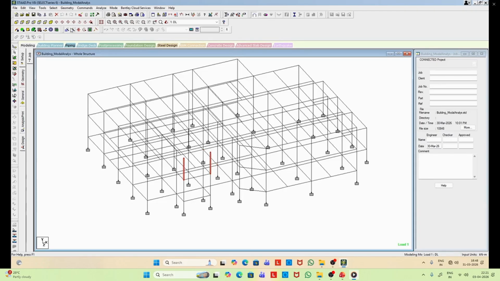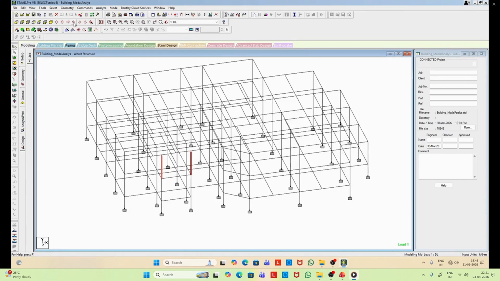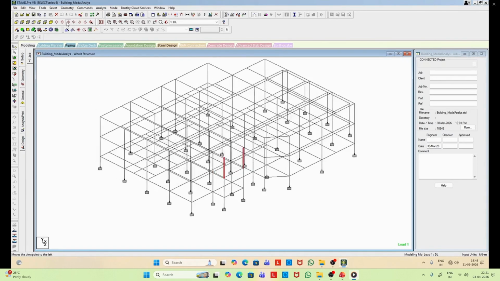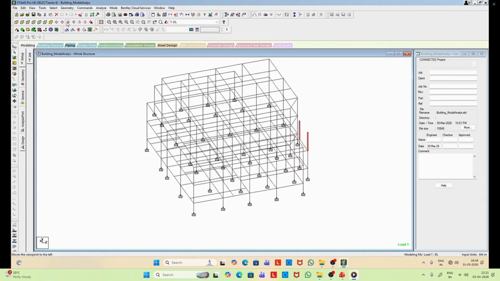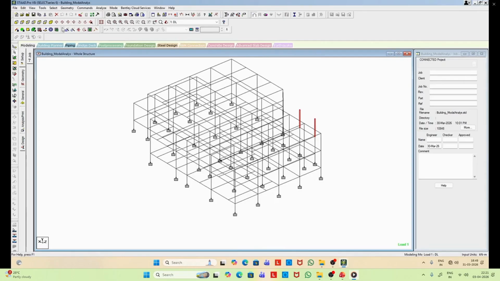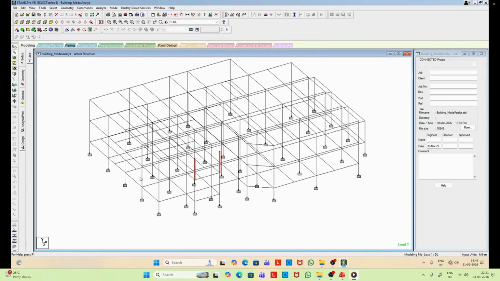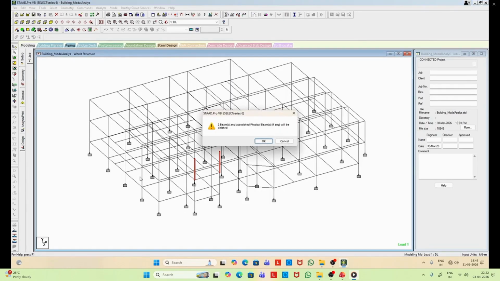These two columns were there by mistake, so let us remove them. It doesn't affect the design, but for the modal analysis we don't need these two columns. They are not there actually.